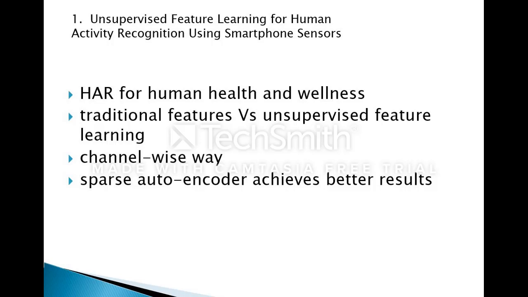The solution provided for these issues is utilizing learning strategies from numerous data, which is data adaptive. They adopt a channel-wise approach which learns features from each channel, then concatenates the learned features of all channels as the feature representation. The outcome shows that the learned features of the framework beat the other two strategies.